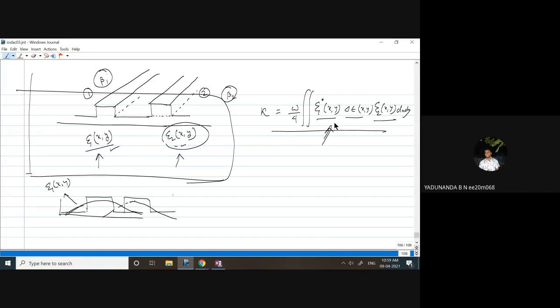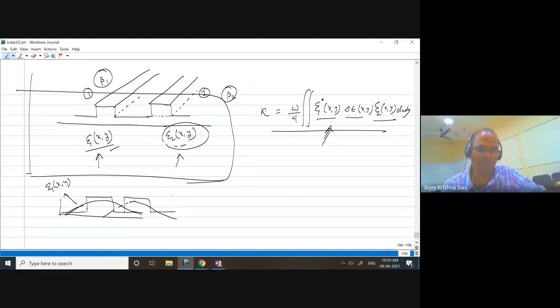When the separation between the two waveguides is large, in that case this will be 0. If you just integrate, where E1 is existing, either delta epsilon should not exist or E2 should not exist.